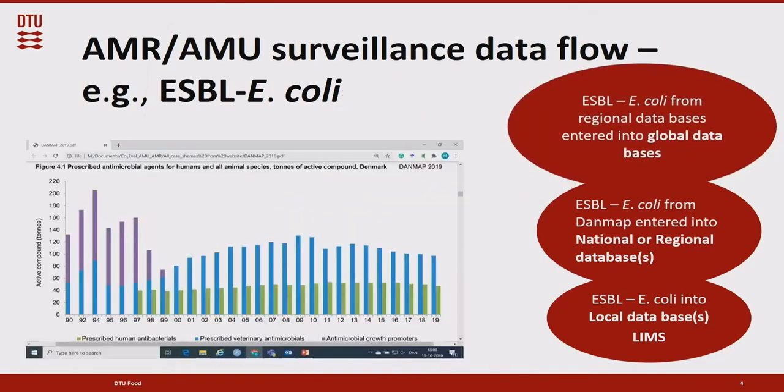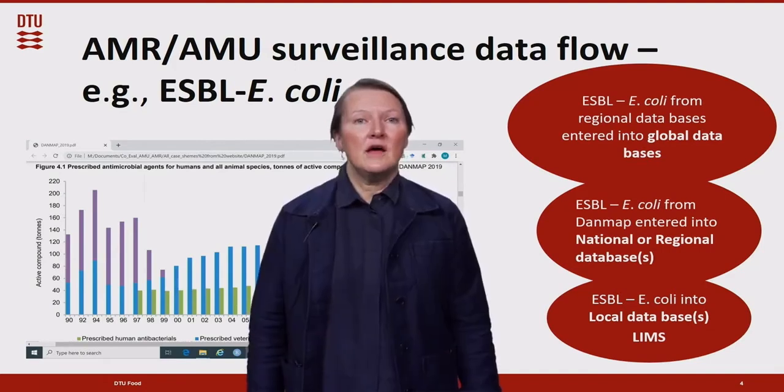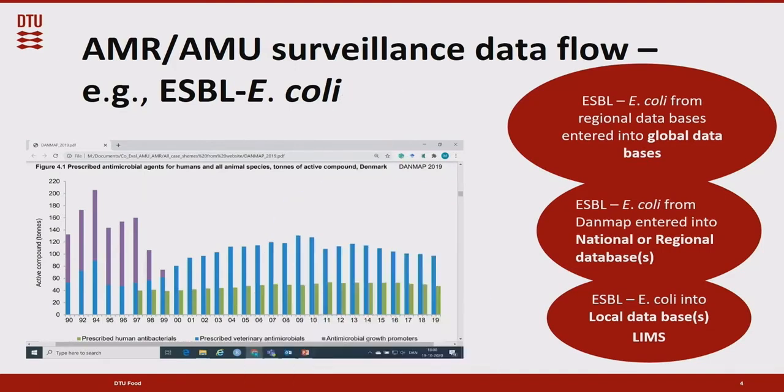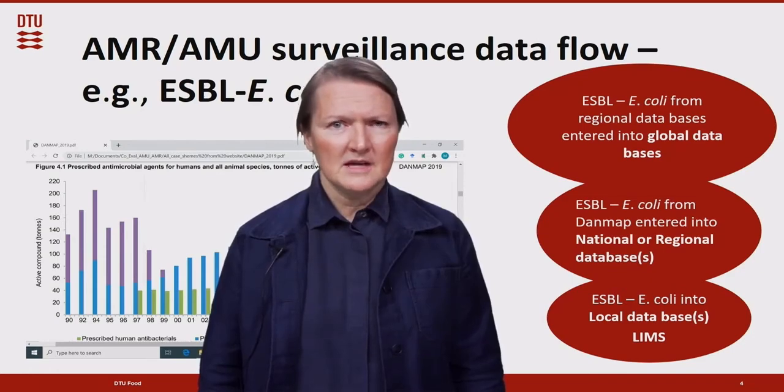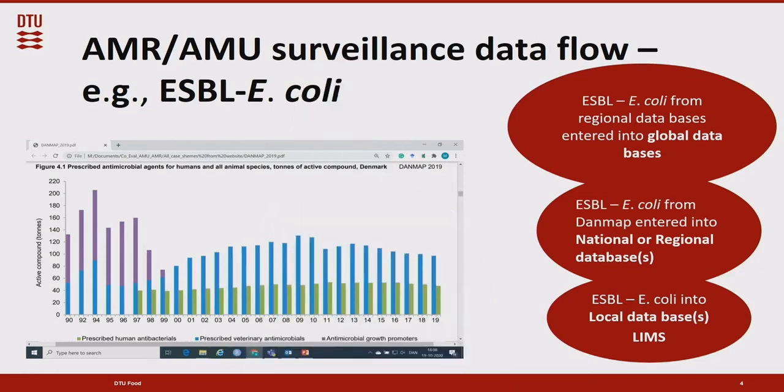A part of a surveillance system for AMR should also ideally contain a database where you store antimicrobial usage data. On the left-hand side, you can see an example from the Danish system called AMUAMR, where we store antimicrobials used in humans and animals. And you can see the graph showing the amount used from the early 90s until today.